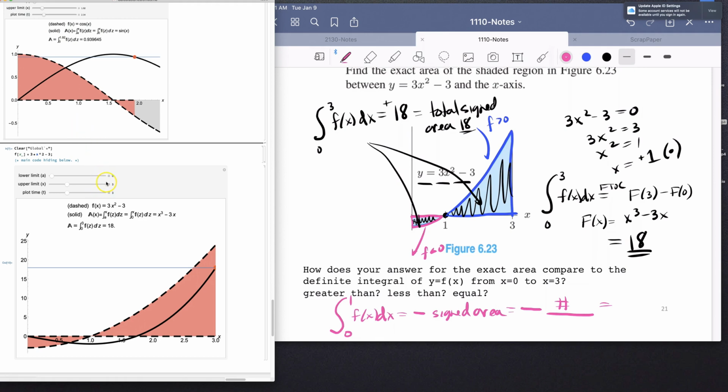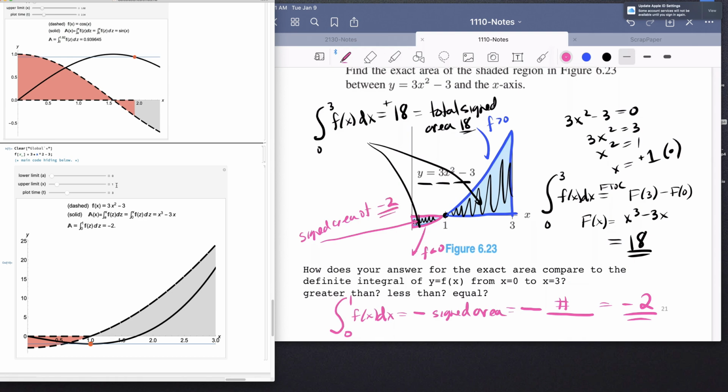We need to figure out what that number is. So if we back this up and find the signed area from 0 to 1, again using the fundamental theorem of calculus, you will get a negative 2 for your answer. So this area right here has a signed area of negative 2.